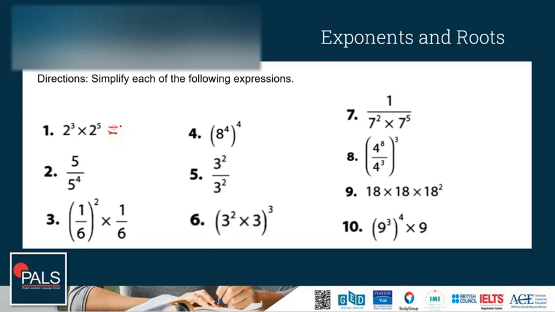So number 1, 2 to the power of 8 is equal to 256. Number 2, 1 over 5 to the power of 3 is equal to 1 over 125.